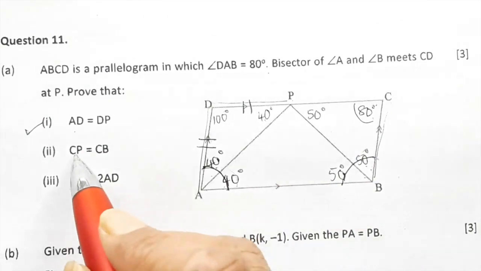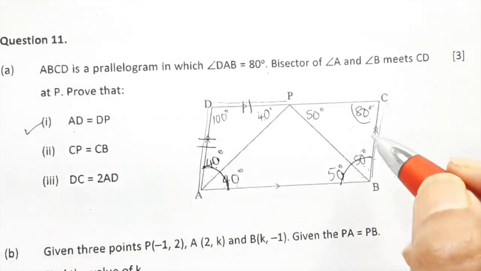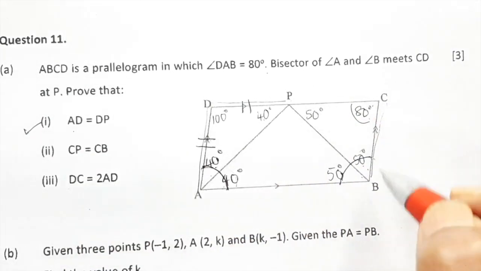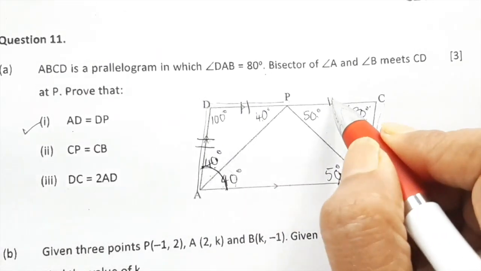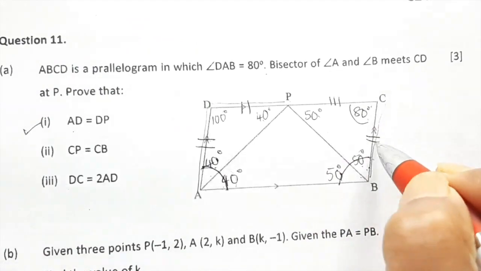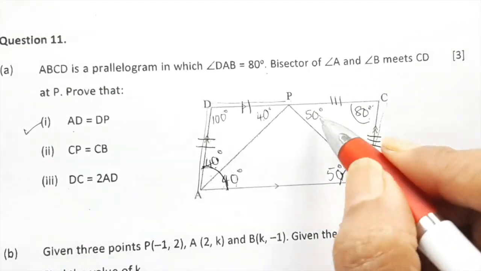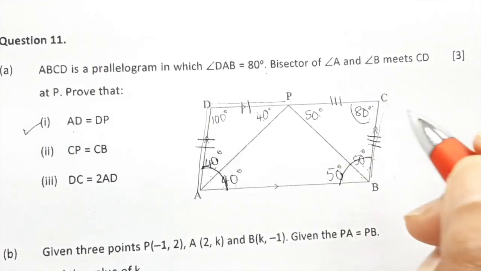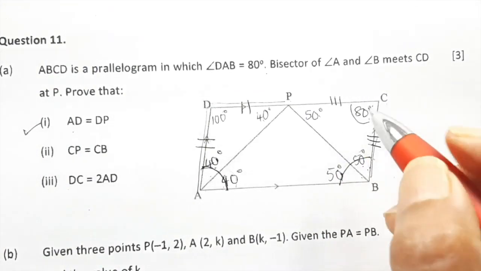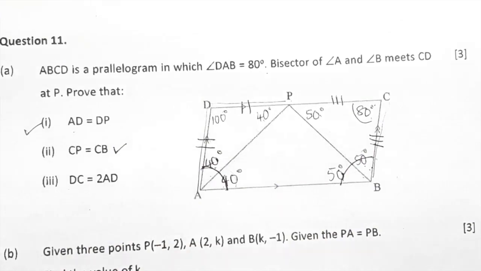Now we have to prove that CP is equal to CB. In this triangle, this is 50, this is 50. So these two sides will be equal because sides opposite equal angles are equal. So you have CP equal to CB. You have proved this also.